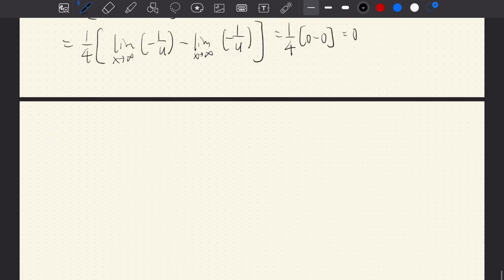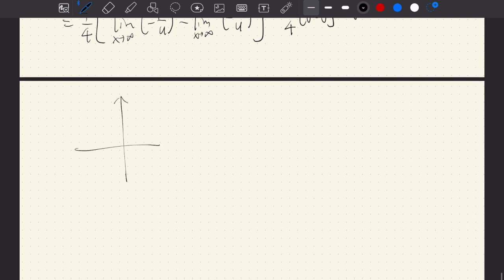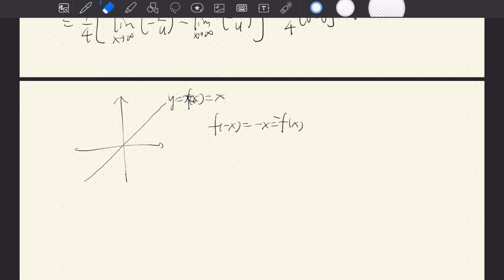But if you have something like this, y equals x, which is also an odd function, because if y equals f of x is equal to x, then f of negative x is negative x, which is negative f of x, right? So y equals x is an odd function.